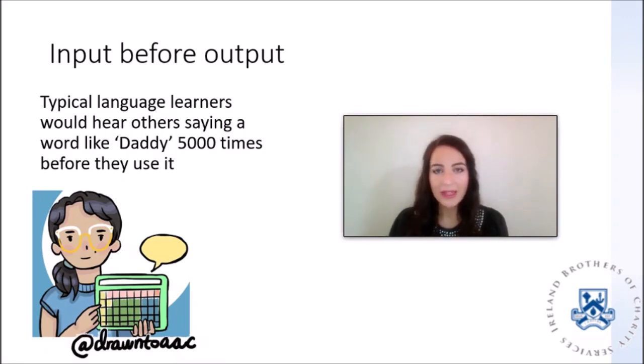Some people can feel that if a language learner doesn't access their AAC system in an interaction, then it's not working. And when this happens, we can adopt a testing approach where we're putting demands on the language learner to point to a symbol. So like, what do you want? Or show me Mary, or find the dog.